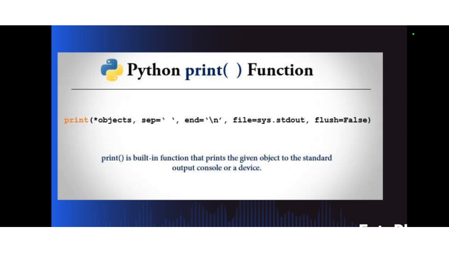What is flush? This flush is very important. If flush is false, it does not give any information until the buffer is overloaded. We will understand this further too. So these are the 5 parameters present in the print function. Let us understand the programs of these 5 parameters.